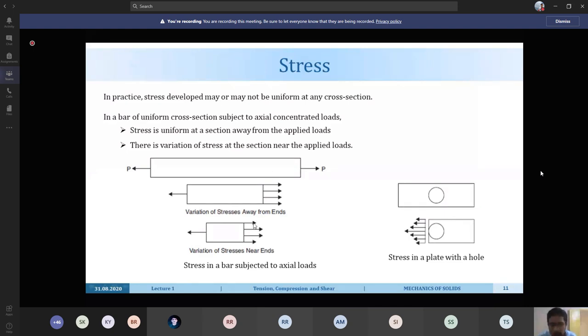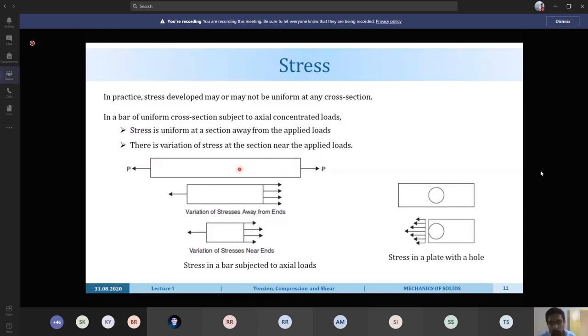The same concept is behind drawing this figure. At the point of application of the load, for example at this point, more stress will be developed. And if you apply the load at another point, then the figure might be different, with the maximum developed at that region instead of this region.